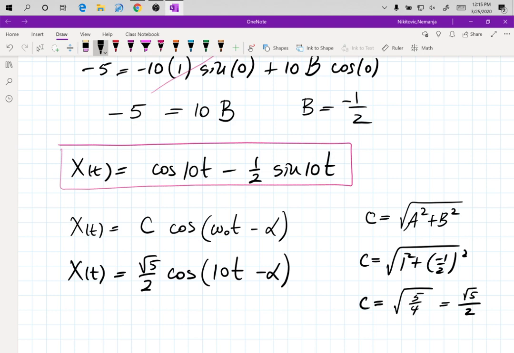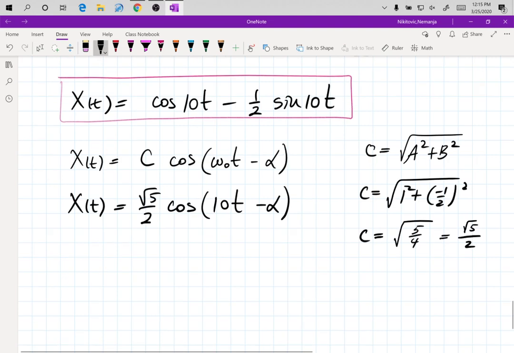Well, we don't have to break our heads there because we have a triangle. And we can use the tangent from the triangle to calculate alpha.